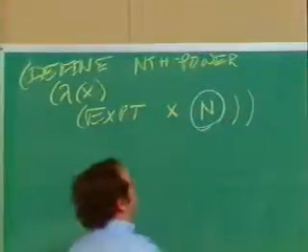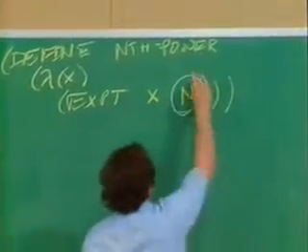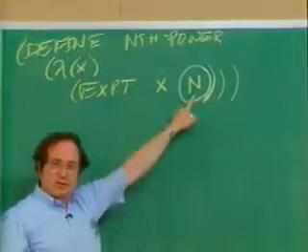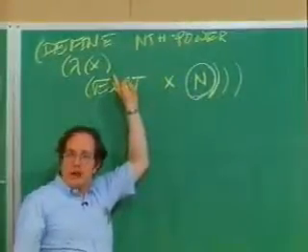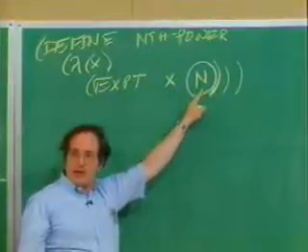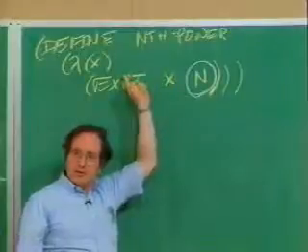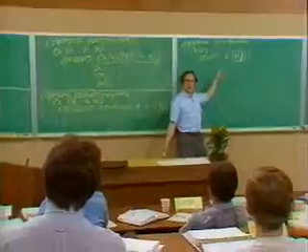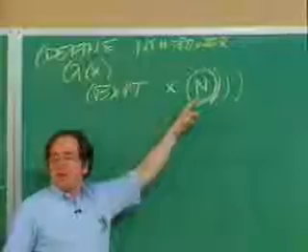Because, as you know, this n is free in this procedure. The environment model tells us that the meaning of a free variable is determined in the environment in which this procedure is defined. In the way I've written it, assuming these things are defined on the blackboard as is, this is defined in the global environment, where there is no n.